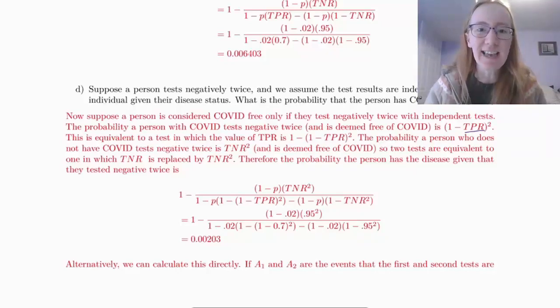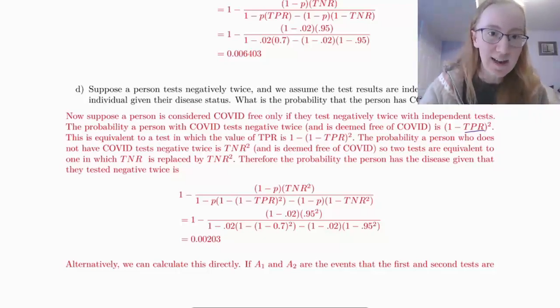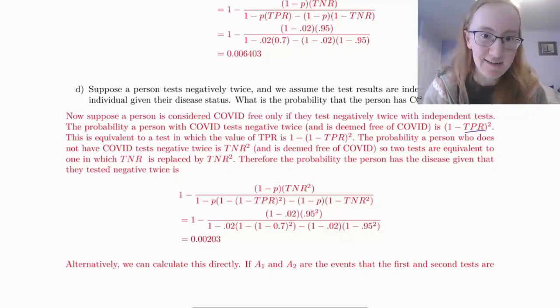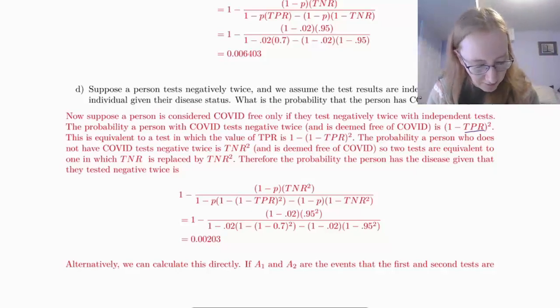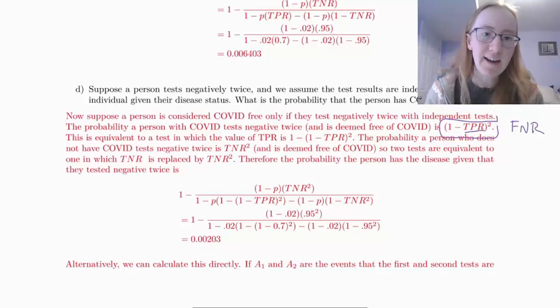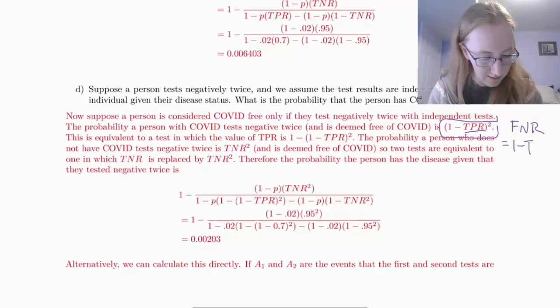So that's basically saying that if you have it and the test says you don't, that's the false negative rate, right? So this whole thing is the false negative rate. We didn't define that, but it's 1 minus the true positive rate of the new test.